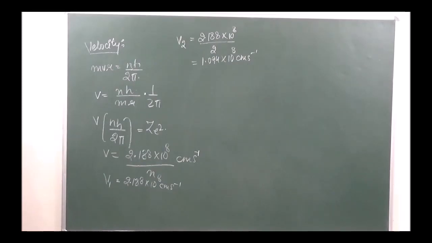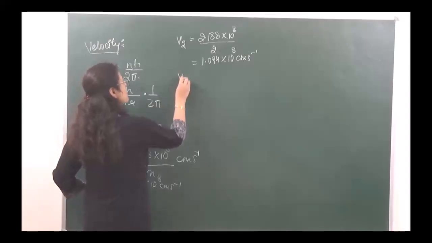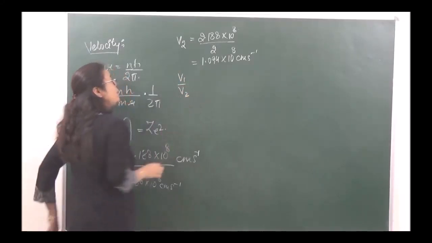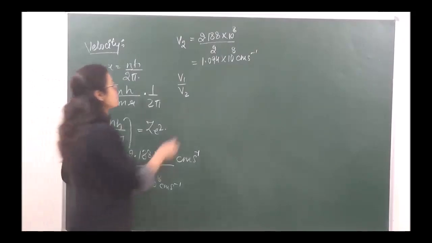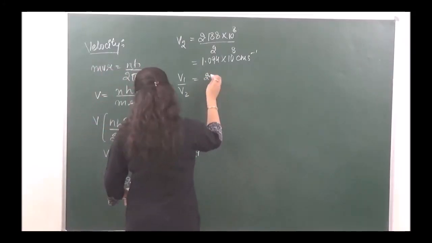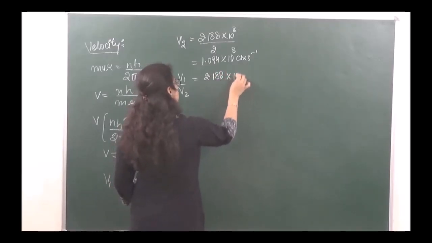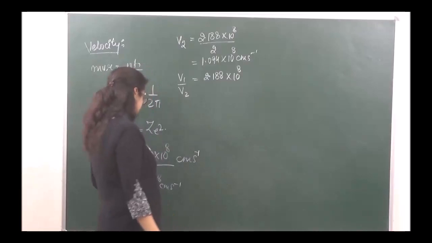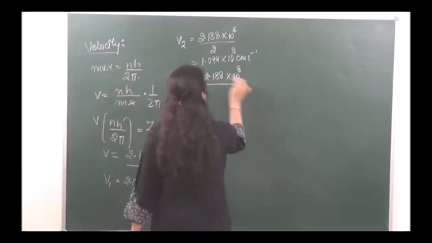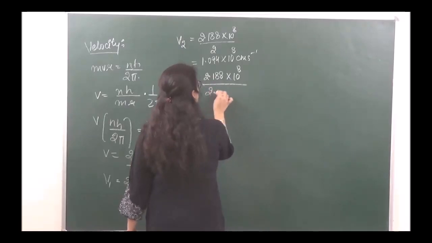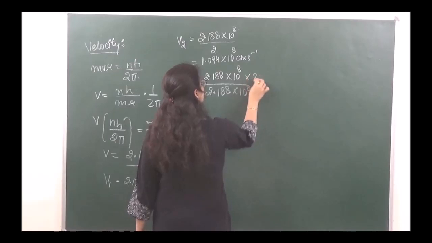Right? So when we are talking of velocity, we are taking the ratio of V1 upon V2 over here. The value of V1 is 2.188 into 10 raised to power 8, okay? Upon the value of V2, which is 2.188 into 10 raised to power 8 into 2.